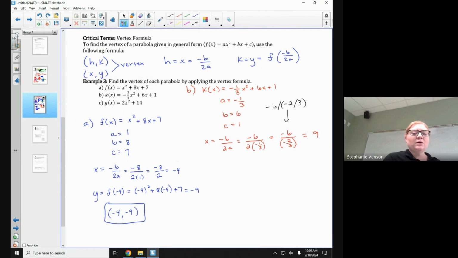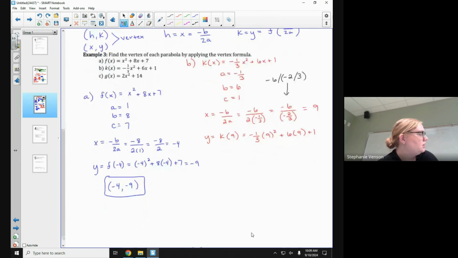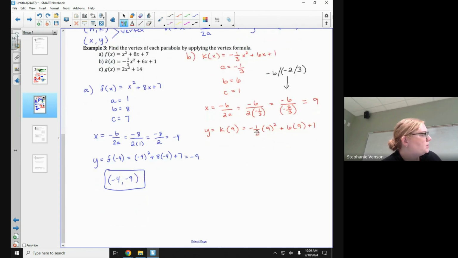And how do I find my y? I'm going to find K of 9, just going to plug it in. I want to talk to you about how to put this in the calculator as well, but let's write it first. That would be -1/3 times 9 squared plus 6 times 9 plus 1. Now, you're going to put it in the calculator exactly as you see it written here.